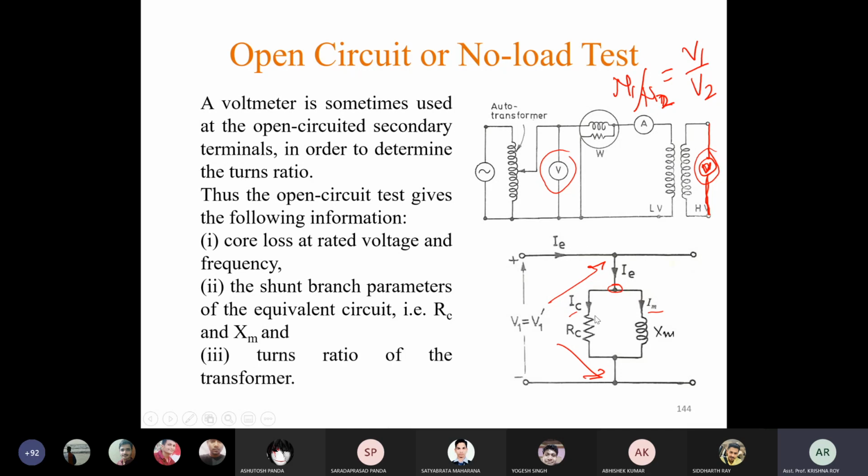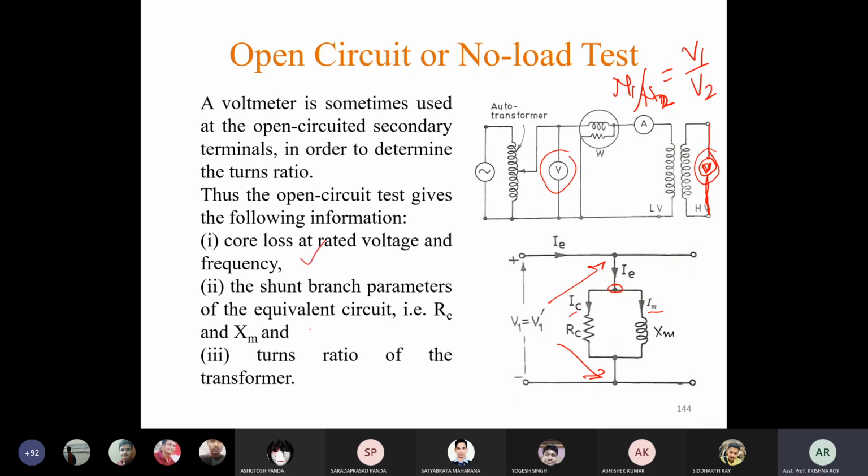And also we can determine the turns ratio, if it is not mentioned in the nameplate, by connecting a voltmeter across the high voltage winding. So if you are asked what information you will get by performing the open circuit test, then you have to mention all these things, not only RC and XM.